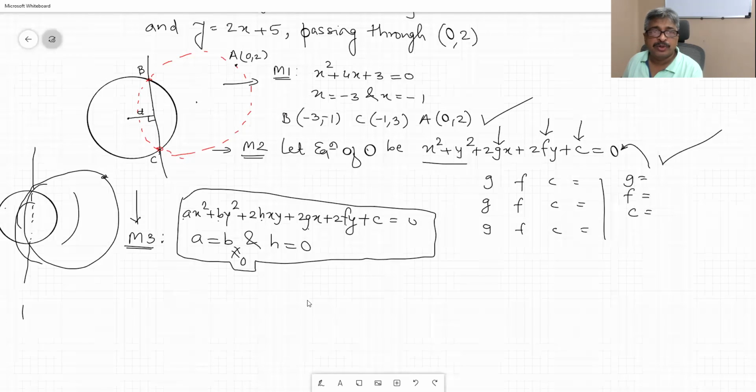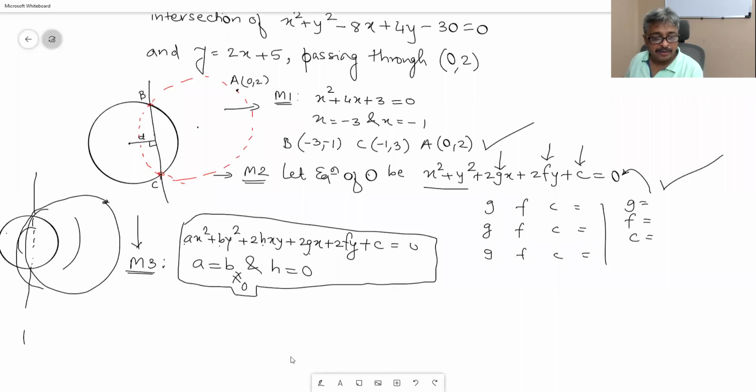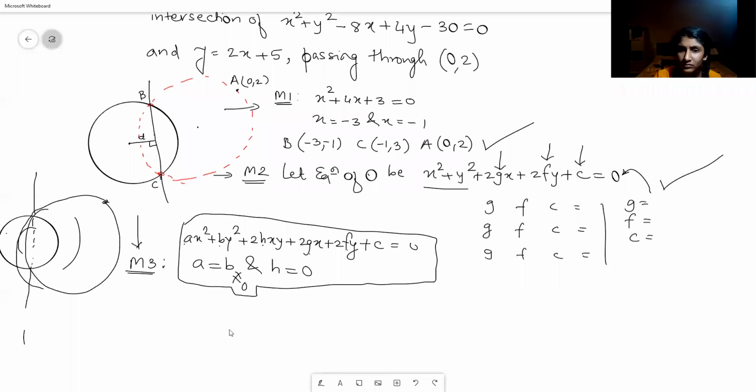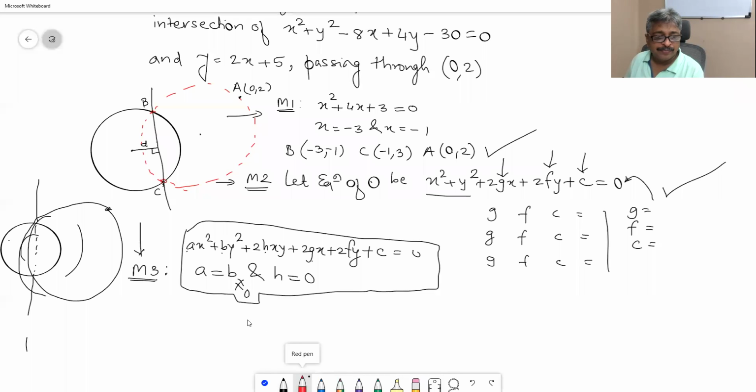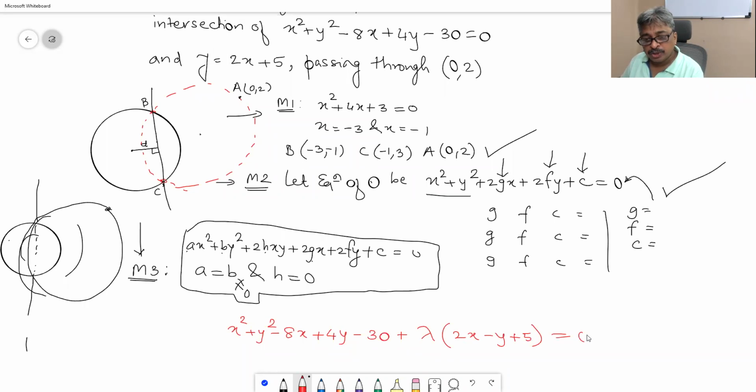Therefore, now we will play very easily. x square plus y square minus 8x plus 4y minus 30 plus lambda times (2x minus y plus 5) is equal to 0.